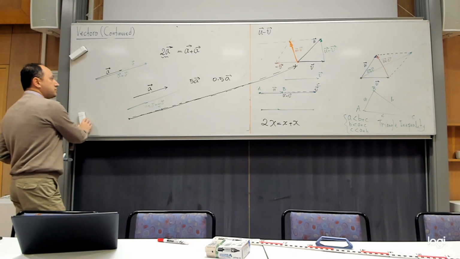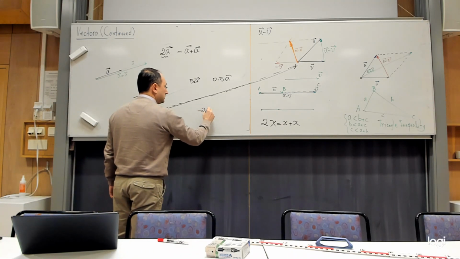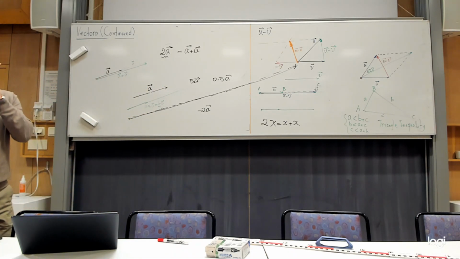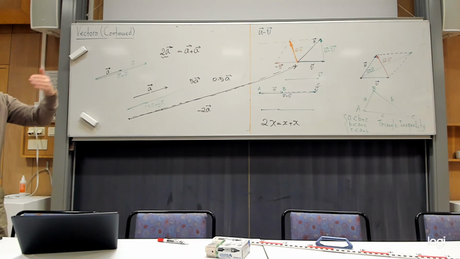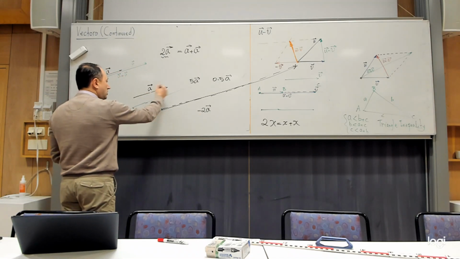So what do you think would be a good definition for minus 2a? It's going the other way. Yes, it is 2a, but in the opposite way. Yes? So if I have a negative number, I will draw again the same thing.